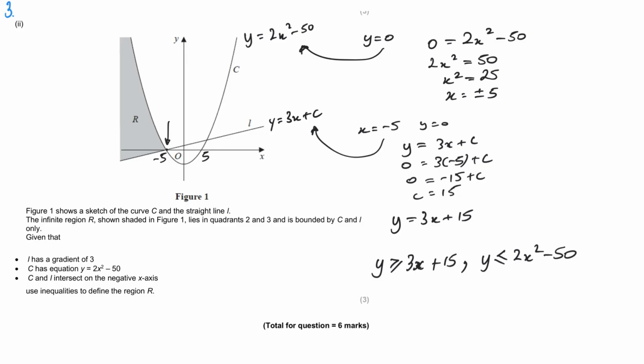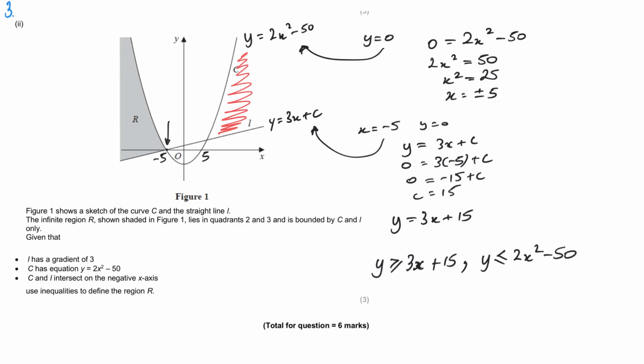If I look at these two regions here, greater than my line and less than my other one would also mean that this region should be shaded if I only have these two, because this also is greater than this line and less than this line.